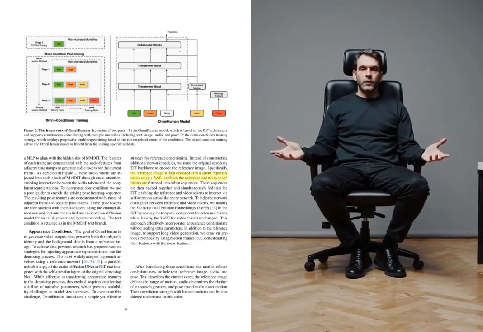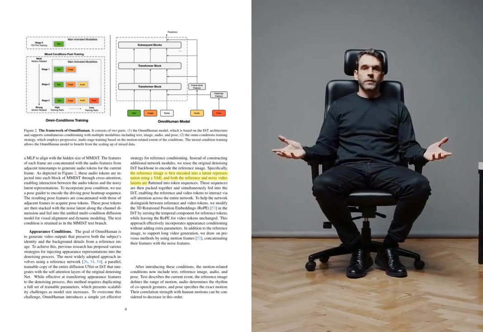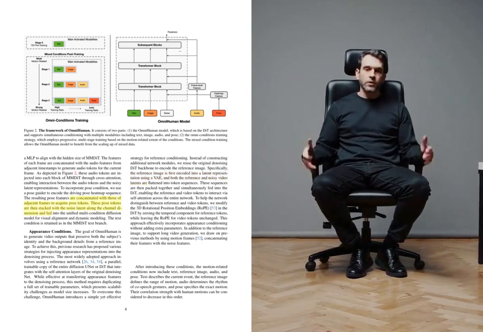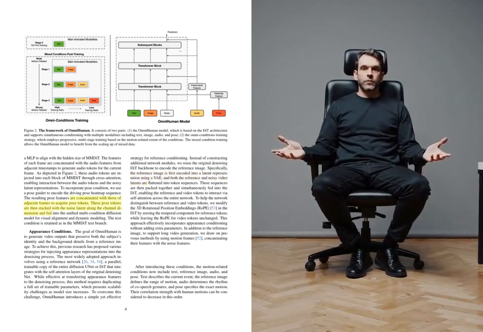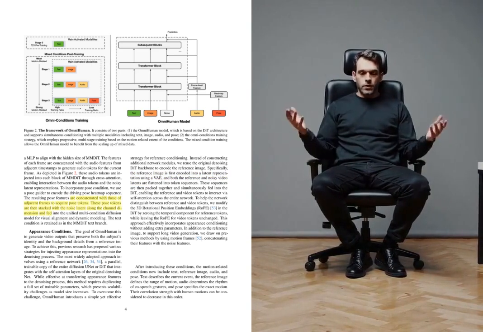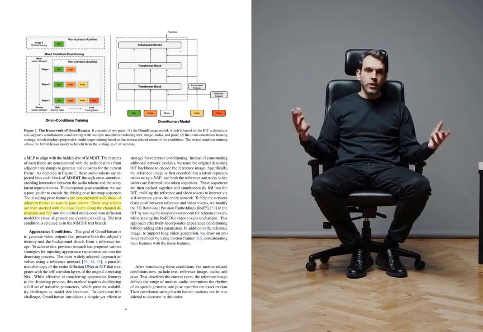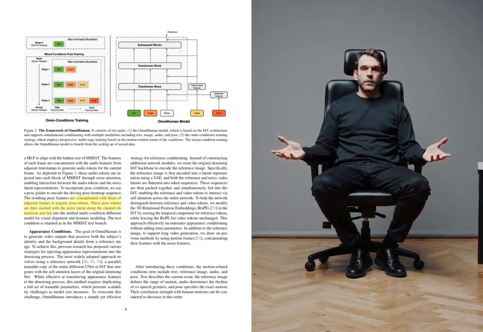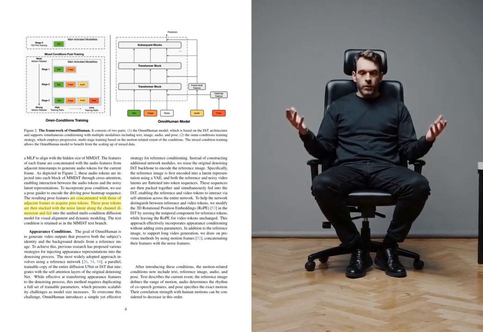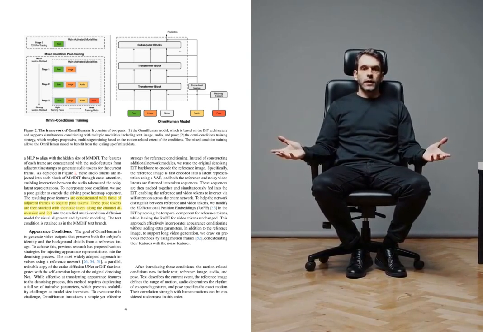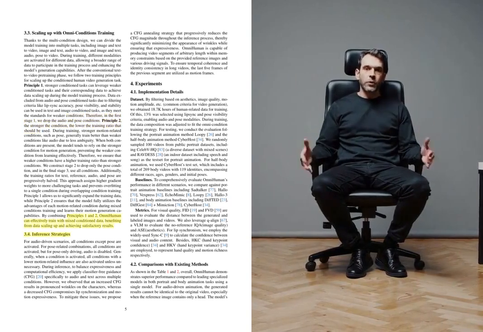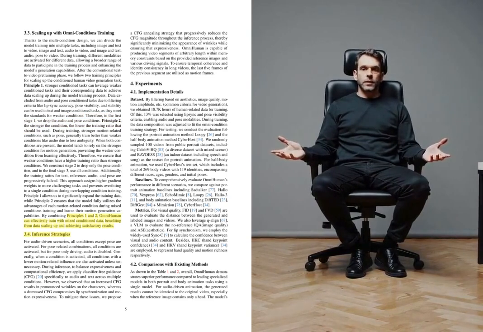Now, what can OmniHuman actually animate? Researchers have used it to animate everything from photorealistic humans to stylized anime characters, and even inanimate objects. And it's not just limited to simple movements. The model can generate complex actions like dancing, playing musical instruments, and interacting with objects in a scene.